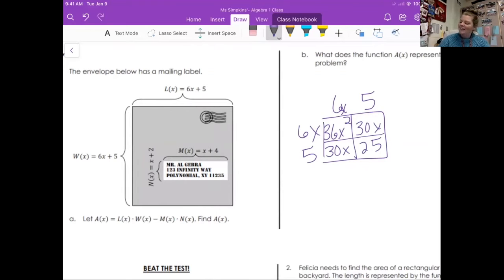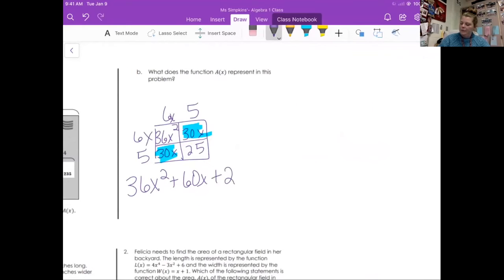Yeah, you're right. And we want to combine like terms, the 30x's. So 36x squared plus 60x plus 25 is the area of the envelope.